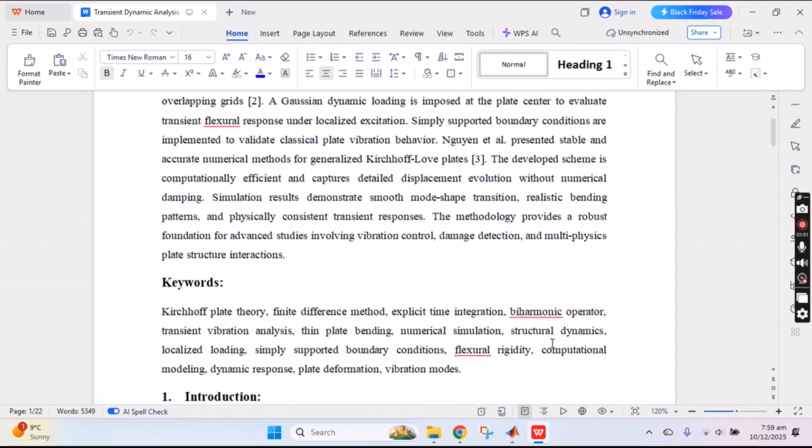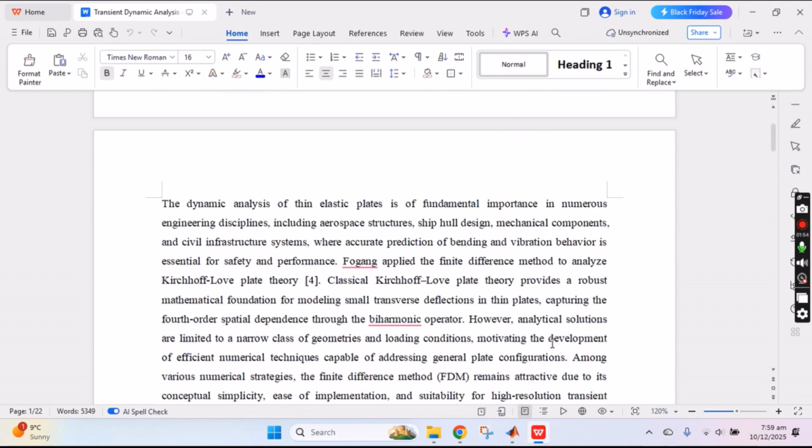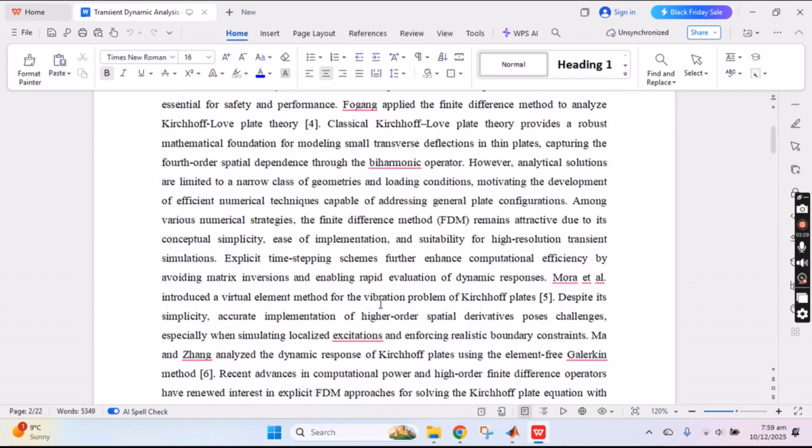So here I have added the keywords with the introduction. In the introduction, you need to check the fundamental importance in numerous engineering disciplines, including aerospace structures. Fogang was one of the scientists who applied the finite difference method to analyze the Kirchhoff's-Love plate theory, and also the mathematical foundation for modeling of small transverse deflections in thin plates.